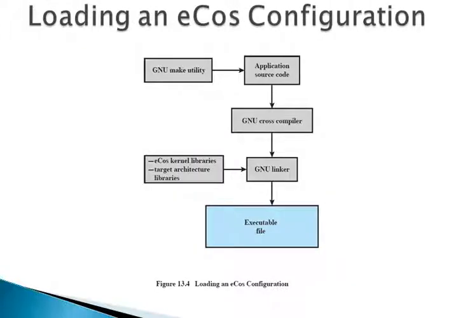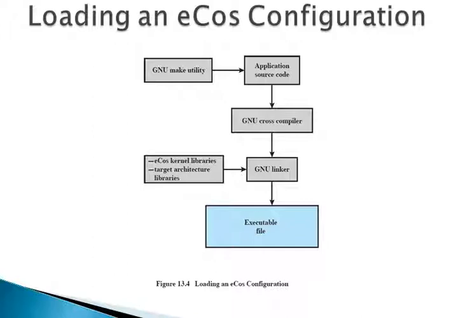Next is loading an eCos configuration. This figure shows a typical example of the overall process of creating the binary image to execute in the embedded system. This process is run on the source system such as a Windows or Linux platform, and the executable image is designed to execute on the target embedded system such as a sensor in an industrial environment. This code is independent of eCos but makes use of application programming interfaces to sit on top of eCos software.